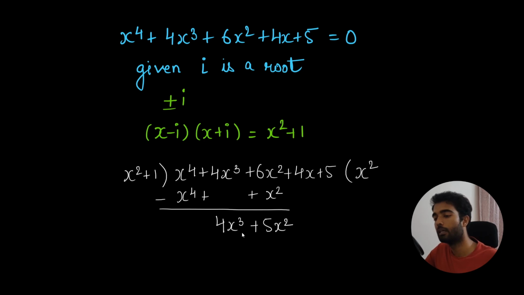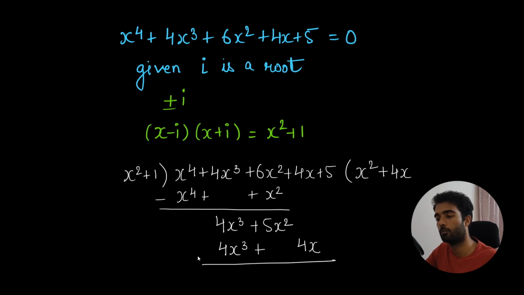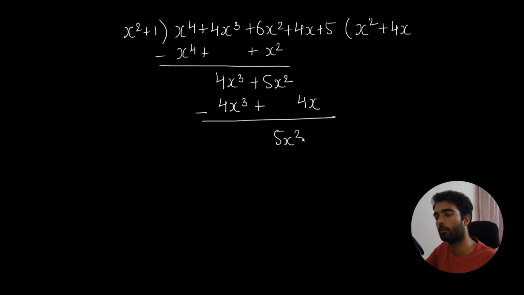Now we see that the term is 4x cubed, so we multiply this with 4x, and we get 5x squared plus 5, that is the last term, as the remainder. So we will next multiply it with 5.